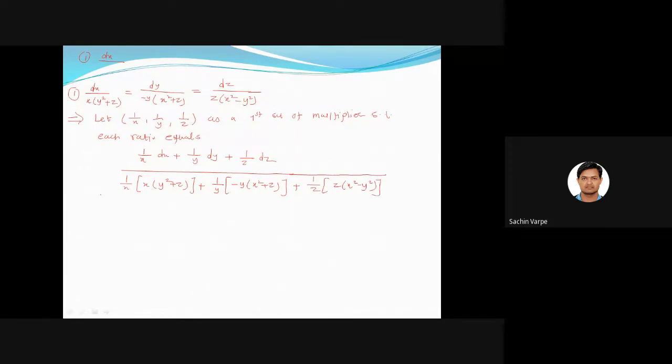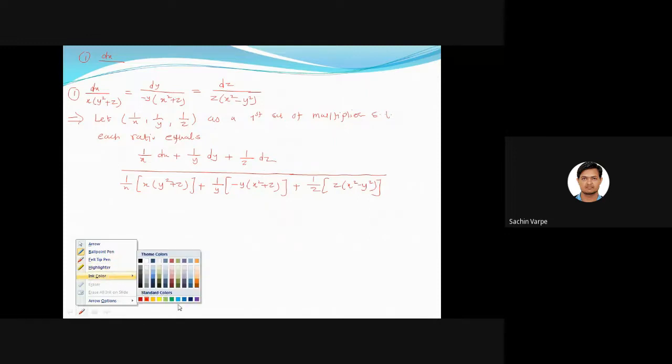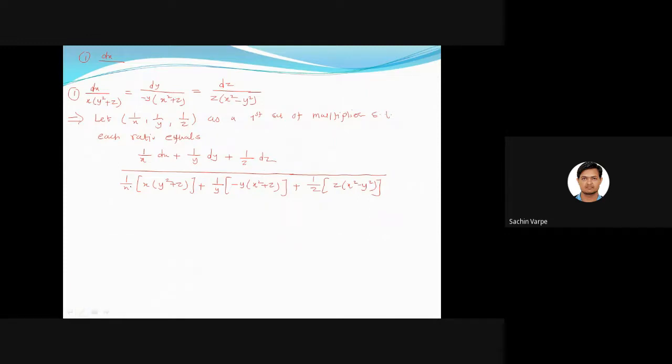You can see here these x, y, z, x is getting cancelled with this y and z.